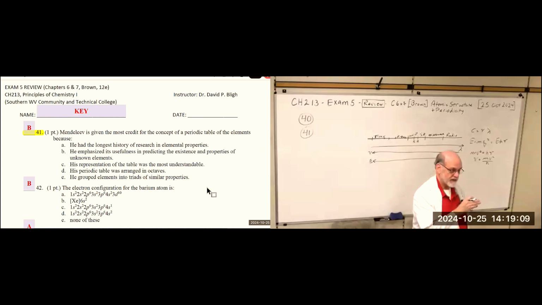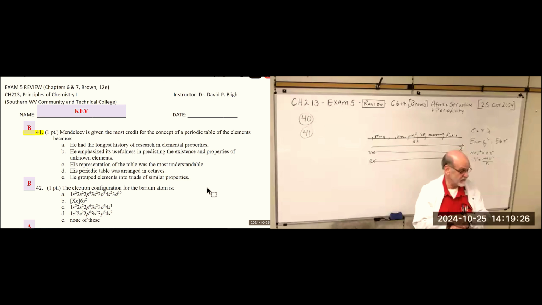And he noticed that there were gaps in his table, because if he lined them up so that they only had similar properties, then he had to move some of them over, because in sequence of mass, they wouldn't fit with his scheme. So he left blanks.